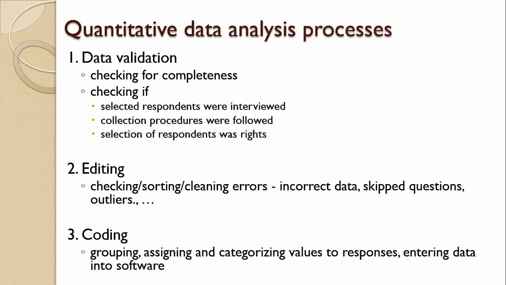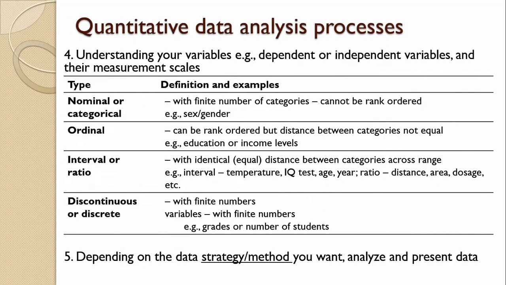But in the conventional way, after editing, data is coded, grouped, assigned, and categorized into responses and then entered into a software. But of course, it depends on what kind of software or tool will be used to analyze.